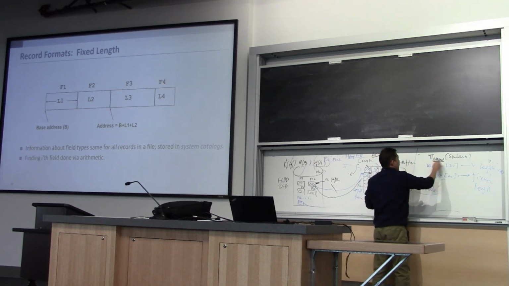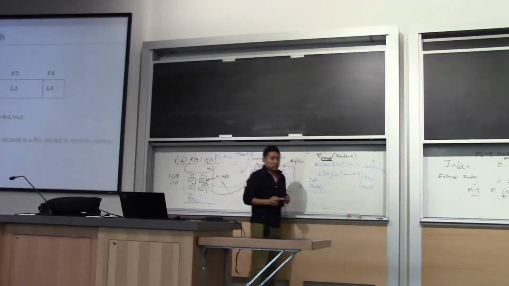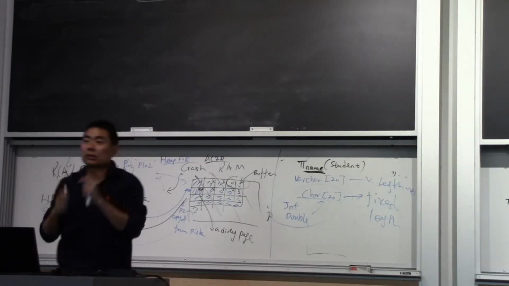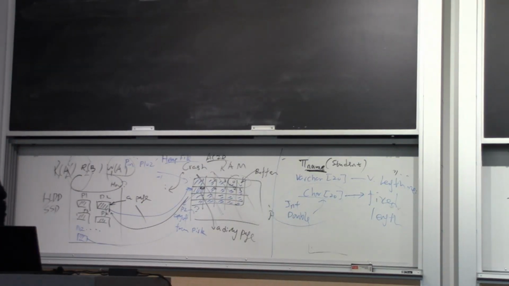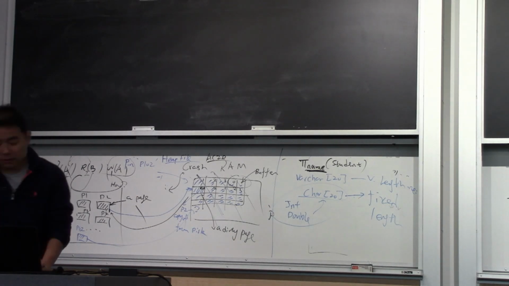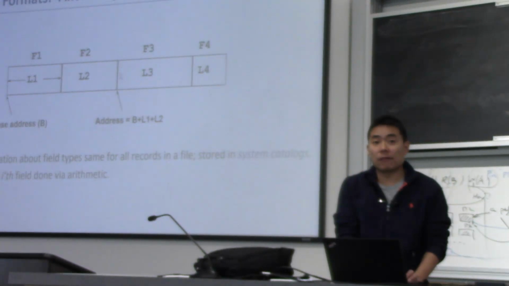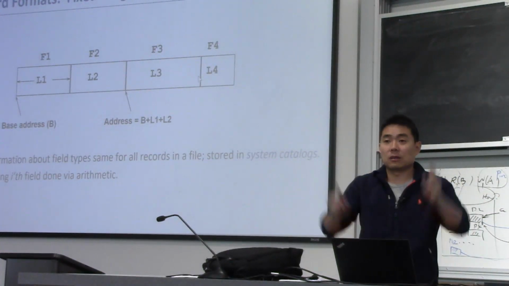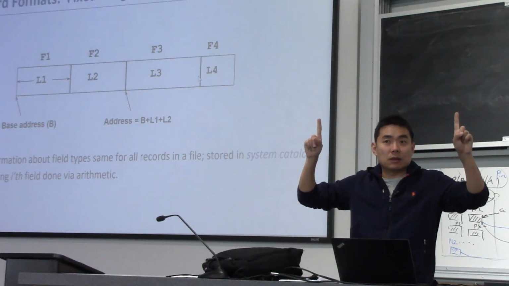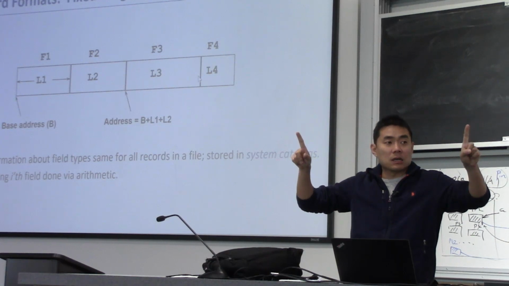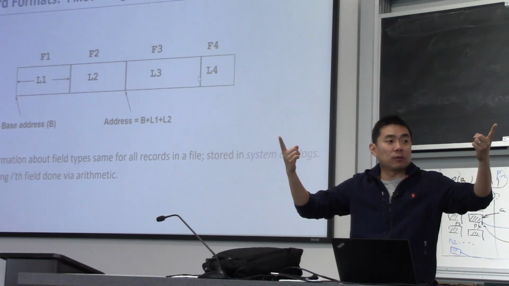You need to figure out where that name attribute is in order to project it out. You follow what I'm saying? For example, let's say name is the 3rd attribute. This is name. Then I need to know the boundary of this as well as this, so I can pass out the correct number of bytes and return that as the name value for the current student record.